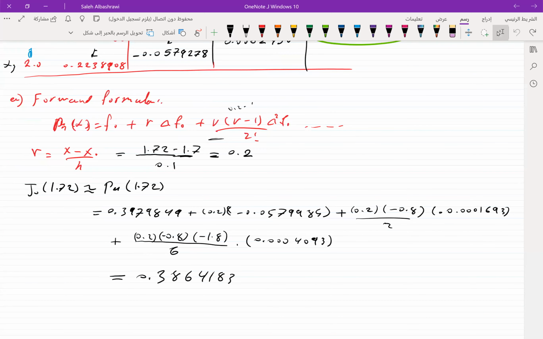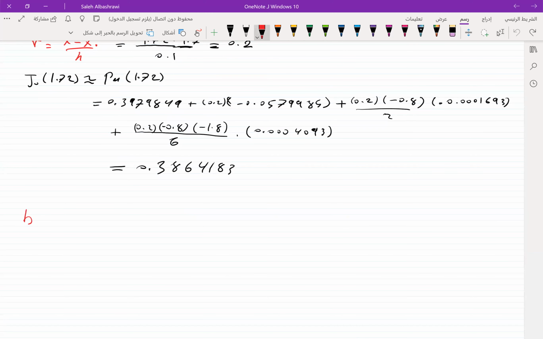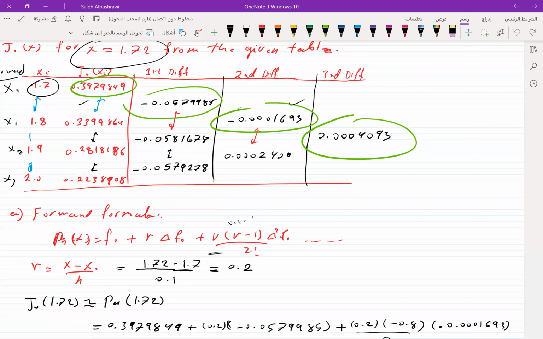Now for the backward formula. For the backward, we are not going to use the first entry.